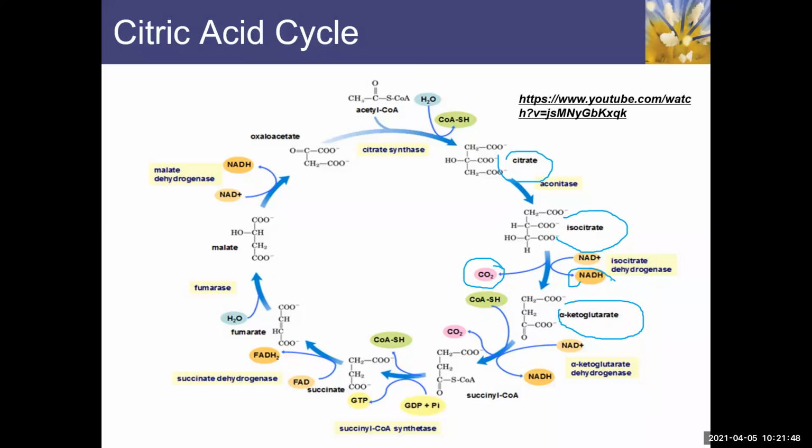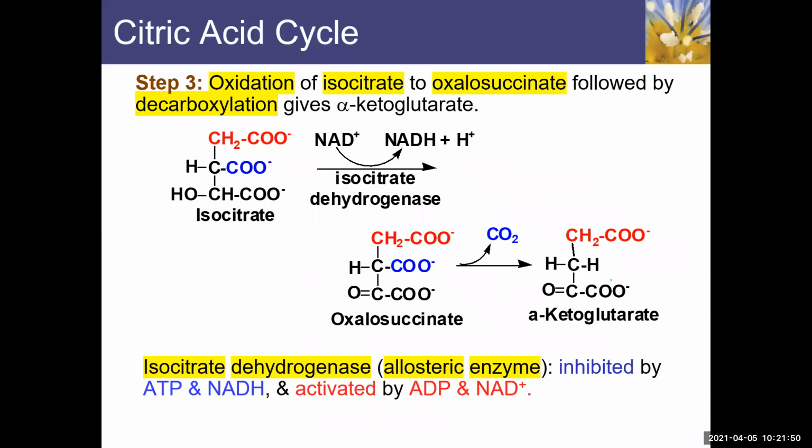right? So isocitrate, as you can see here, there will be an oxidation which takes place. Isocitrate is oxidized, and then what do we get? Then we get oxalosuccinate over here. You don't have to know the name of the intermediate compounds.